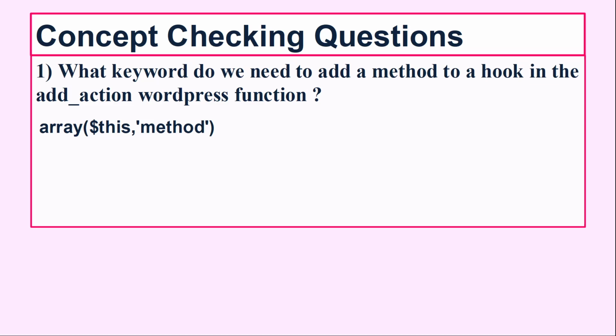And the second one is a single value that you need. However, we can't do that because we're working with OOP. We need to tell it what our class is and what the name of our method within that class is. So we put it in an array, and this talks about what the class name is. This talks about what method you're calling within that class.